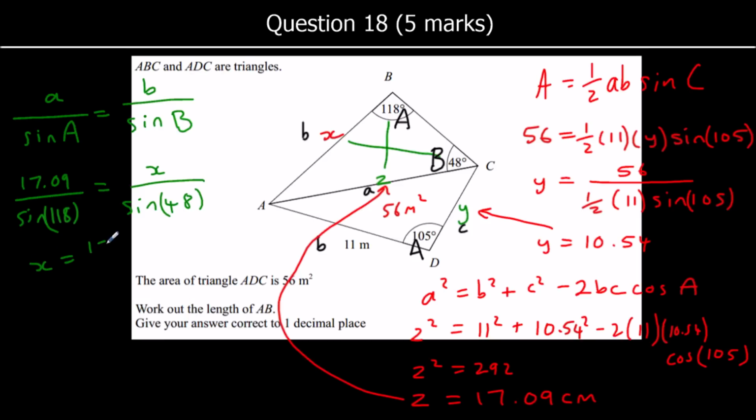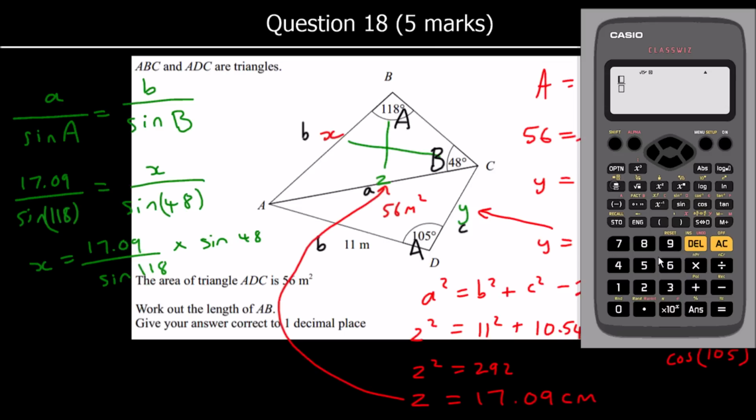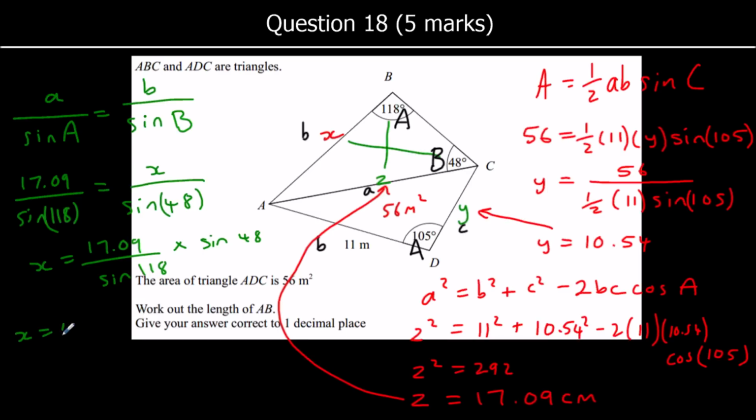So x is 17.09 over sine 118 times sine 48. So that's answer over sine 118 times sine 48. So to one decimal place, 14.4. So x is equal to 14.4 meters.